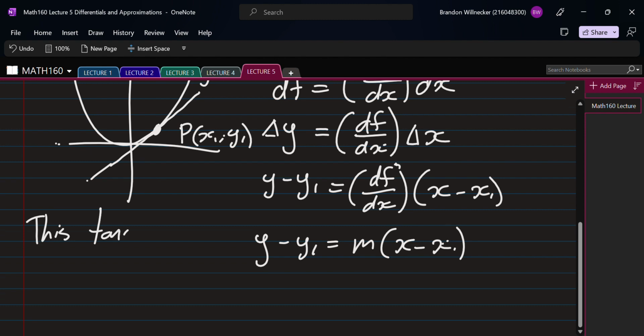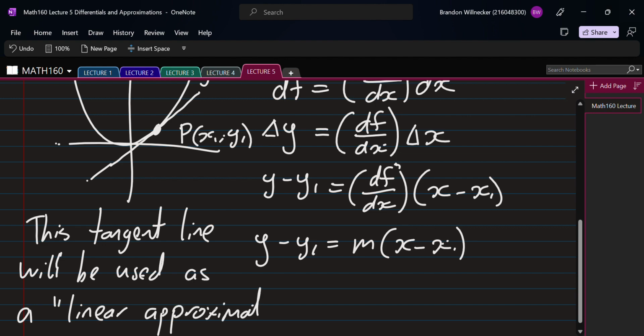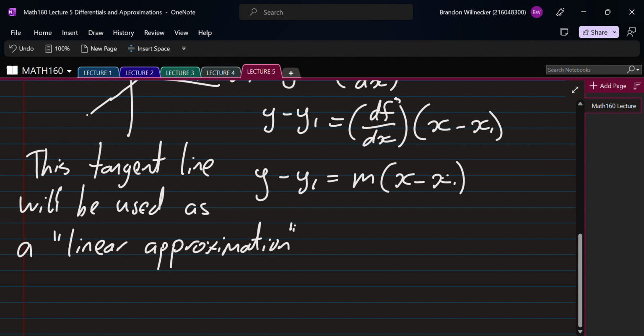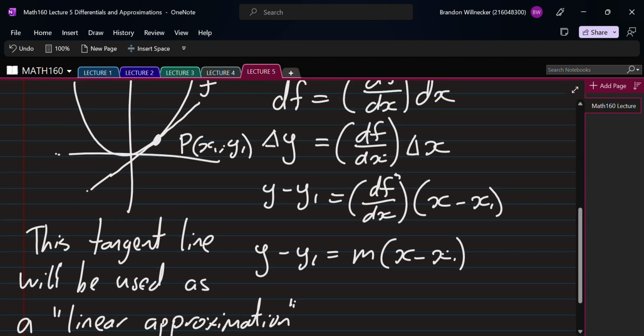So this tangent line will be used as a linear approximation, since it's a line, as a linear approximation to f at and near the point P. Very close to P, it's a good approximation because the tangent line is quite close to the function.